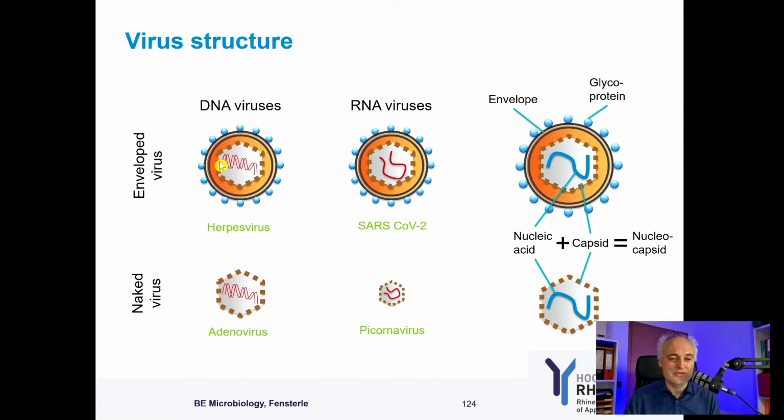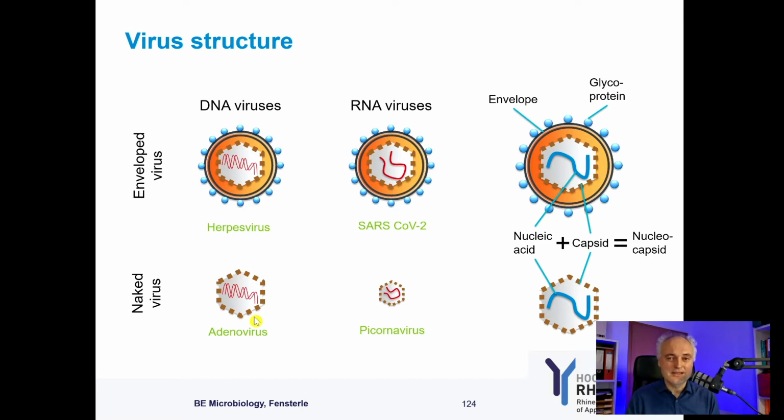You see a scheme with enveloped and naked DNA viruses and RNA viruses, and the different viruses in each group. An example of an enveloped RNA virus is SARS-CoV-2. An example of a naked DNA virus are adenoviruses, which provoke the common cold.